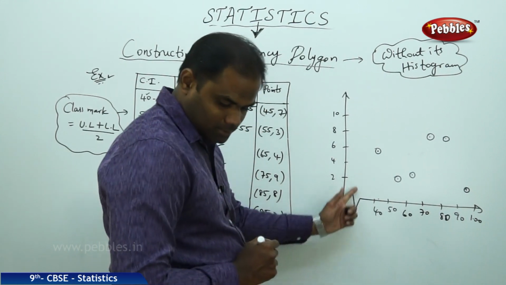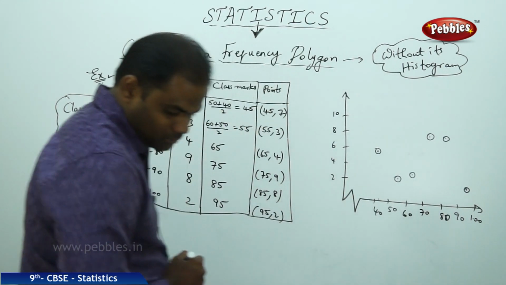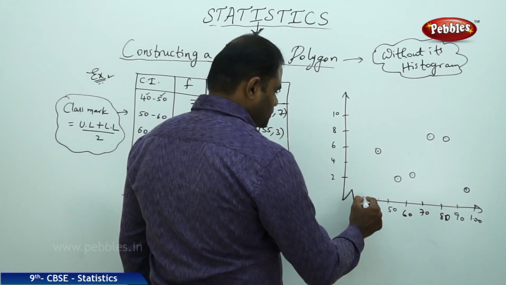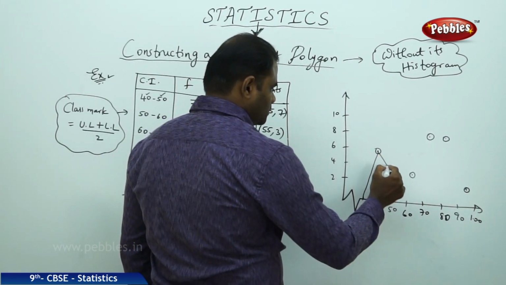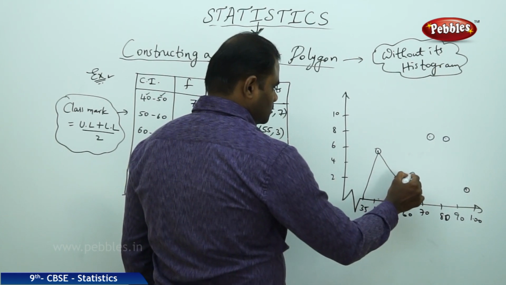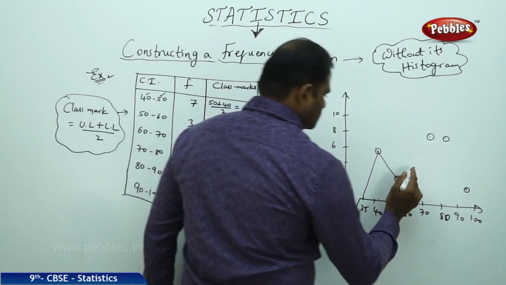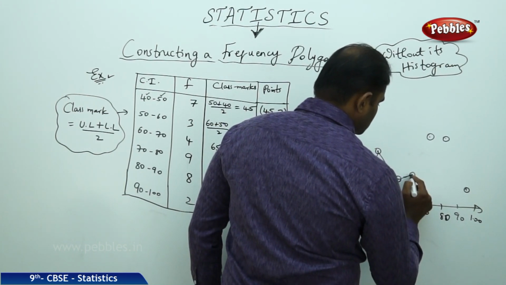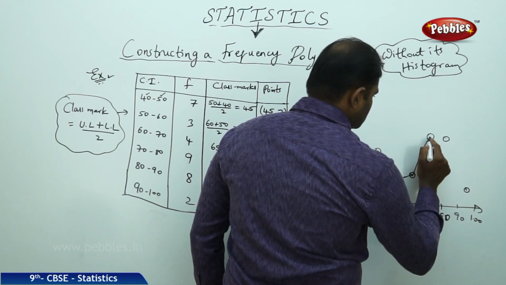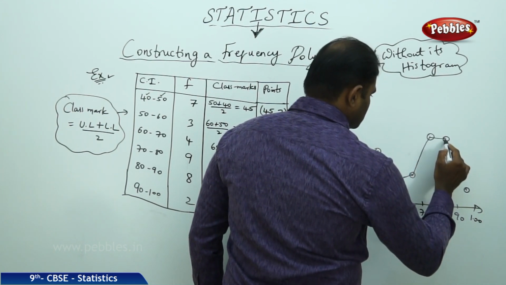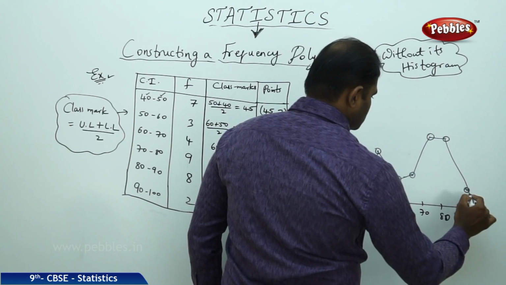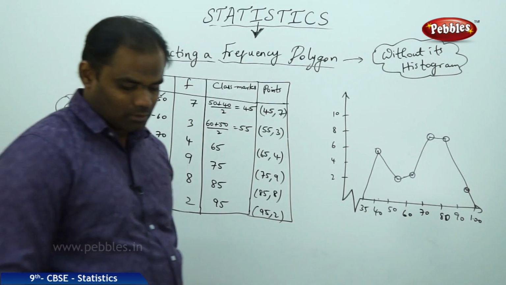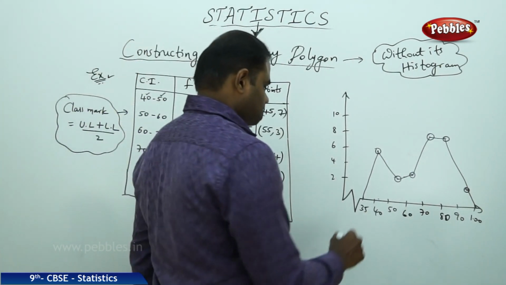I start from the least value, so somewhere here I have 35, which I pick and join. I get a polygon, which is called a frequency polygon.